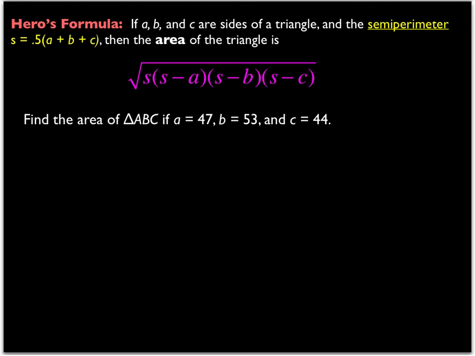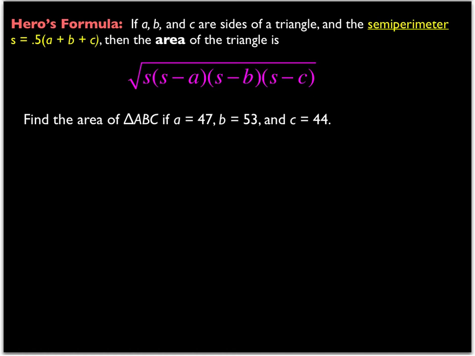Kind of strange, but basically that is adding the lengths of the three sides and taking half of that, so half of the perimeter basically, and then when we apply it to this formula, that'll help us find the area. So let's actually try this and see what we can come up with for this particular problem here.